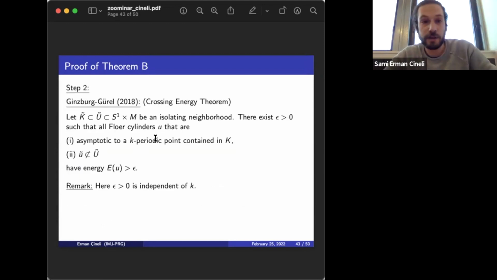Here it's harder to achieve, and without the assumption that the set is isolated, this is not true, in the sense that one cannot find a global epsilon such that it would work for every K. But when you fix a K, one can always find such an epsilon.